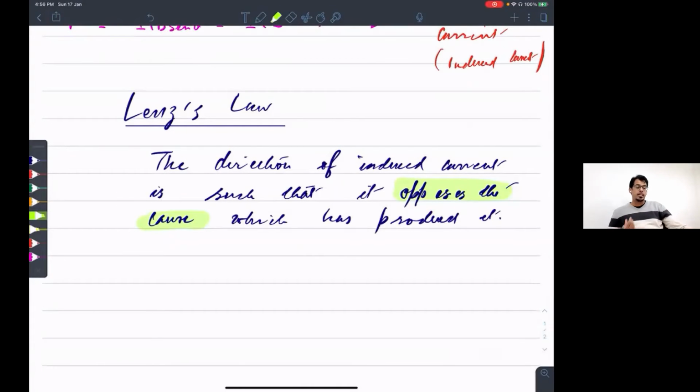If the cause is the slowing down of the coil, the induced current will try to speed it up. Are you people getting it? Whatever reason we have for the production of induced current will travel in a direction that can oppose the cause which has produced it. How many of you are actually able to comprehend this point?